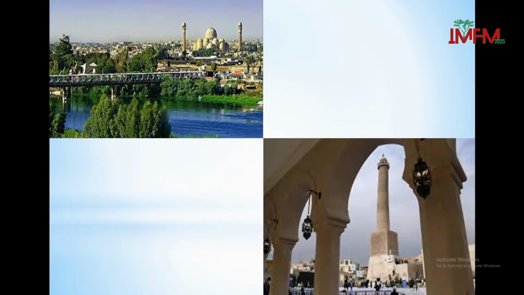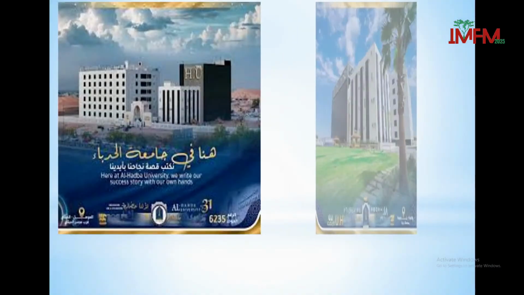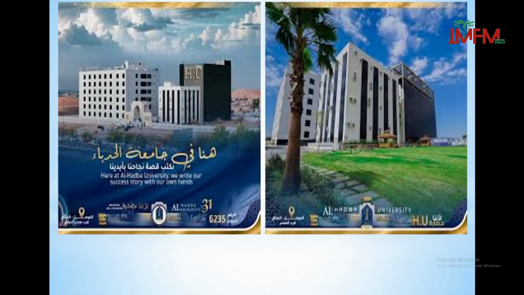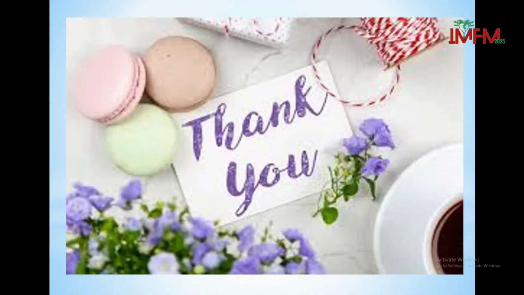This is my city, Mosul, Nineveh, in the north of Iraq. And finally, this is my college, the College of Pharmacy in Al-Hadba University at Mosul, and thank you very much for all.